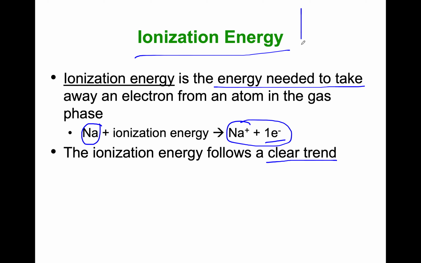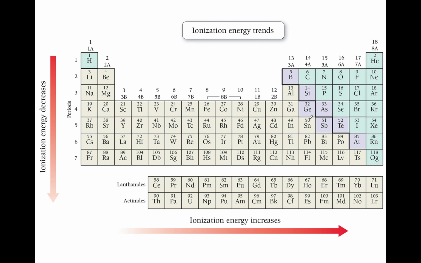Okay, remember, size gets bigger going down and it gets bigger to the left. Well, if we're talking about size, we're saying the electron is much farther away from the nucleus. So if it's much farther away, it's not as attracted, it's easier to remove. Okay, so that's what we're going to be seeing with ionization energy.